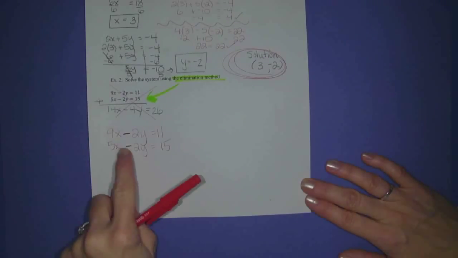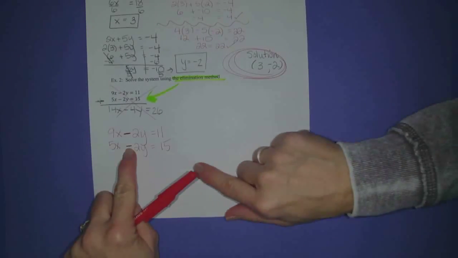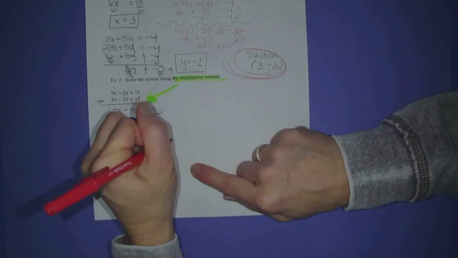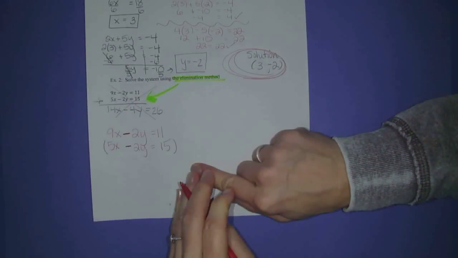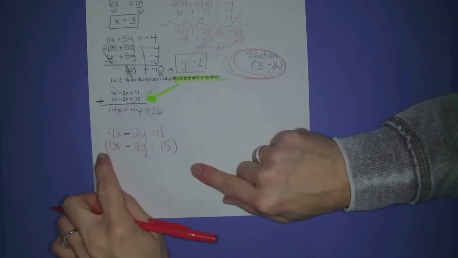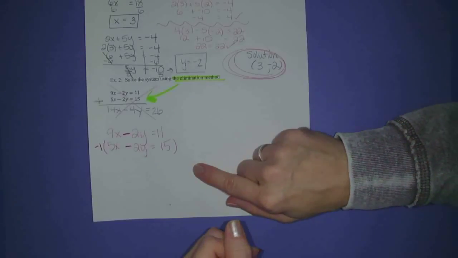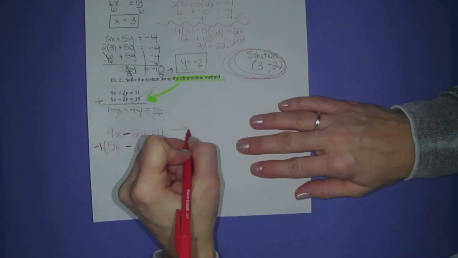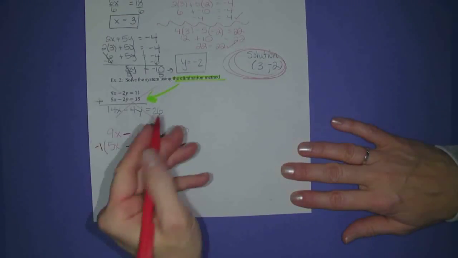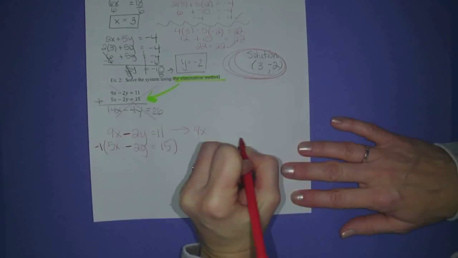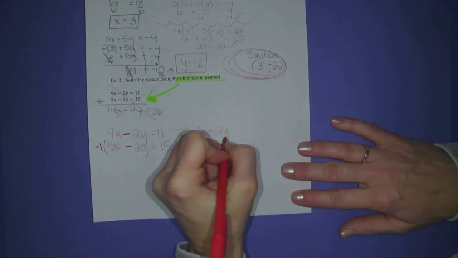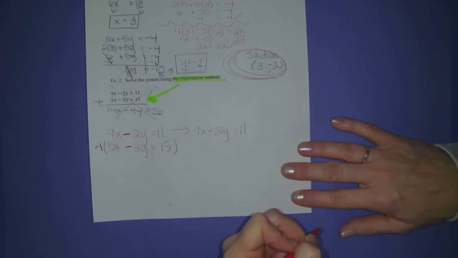And there's a really easy way to change that sign. We're going to take the entire bottom equation and we're going to multiply by negative 1. Watch what happens. We'll push this equation over and do nothing with it. Leave it exactly the same. 9x minus 2y equals 11.